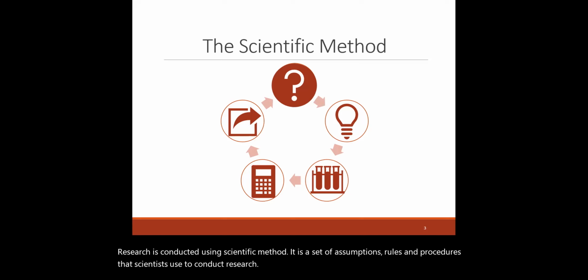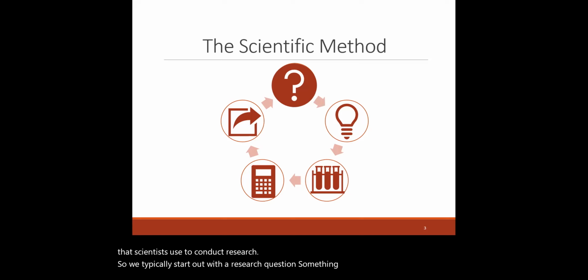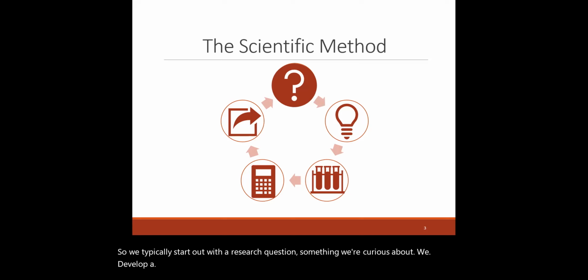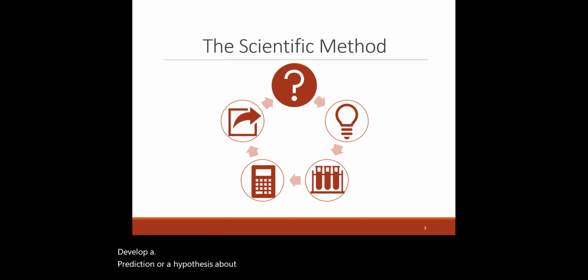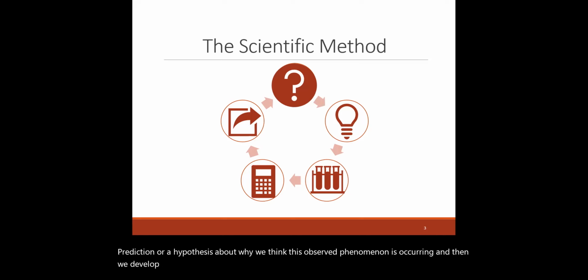So we typically start out with a research question, something we're curious about. We develop a prediction or a hypothesis about why we think this observed phenomenon is occurring. And then we develop a way to test it.